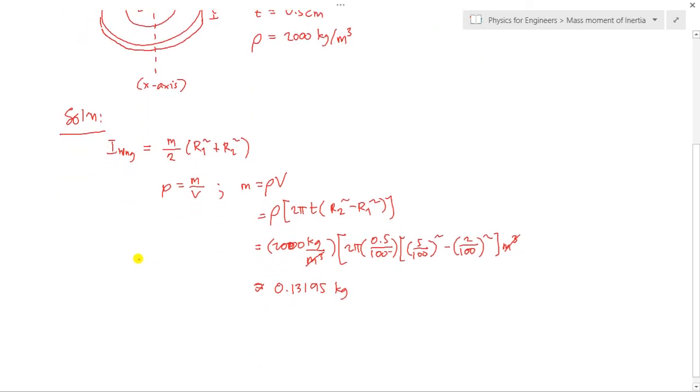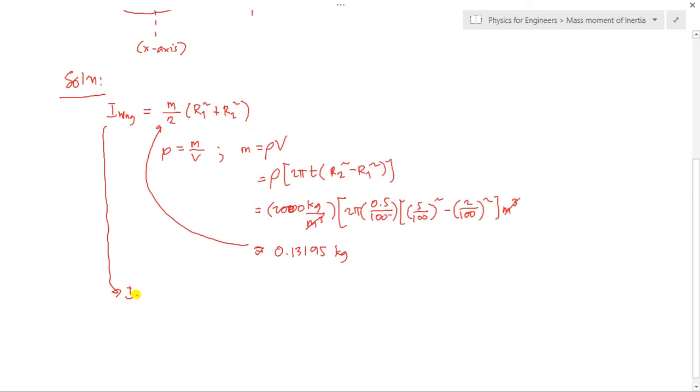Since we already have the mass, so therefore we can just substitute it directly to our formula for our mass moment of inertia. So mass is 0.13195 kilogram all over 2. Then our radius is in centimeters. So para naatay mass moment of inertia nga kilogram meter squared, so ato na siya i-convert. So R1 or the inner radius is 2 all over 100 squared plus the outer radius is 5 over 100 squared.